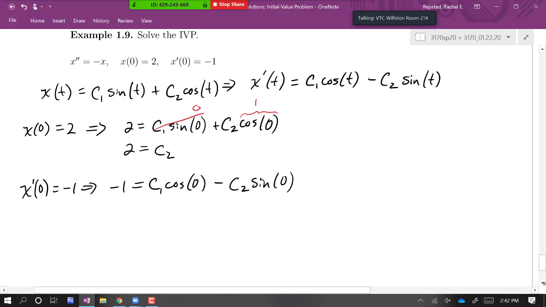Again, 0 is pretty convenient, so sine of 0 is 0, that'll go away. Cosine of 0 is 1, so C1 is equal to negative 1. And now that we have both of those values, we just rewrite our function with the known parameters.